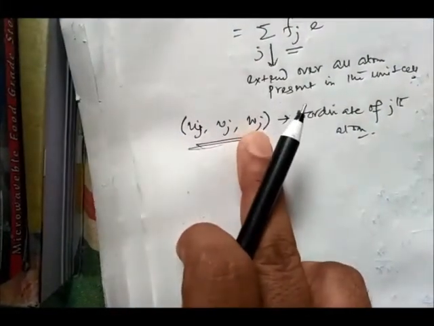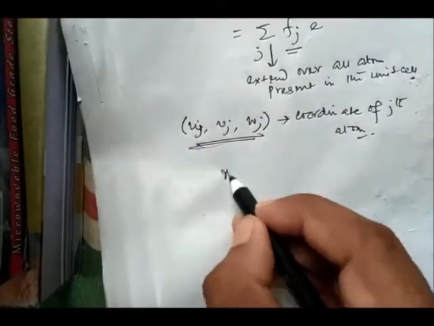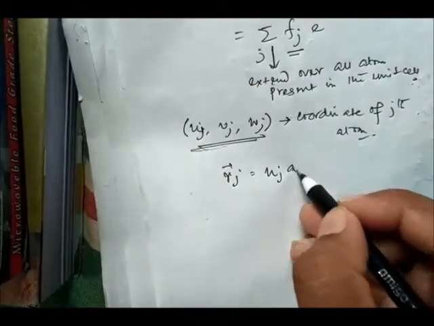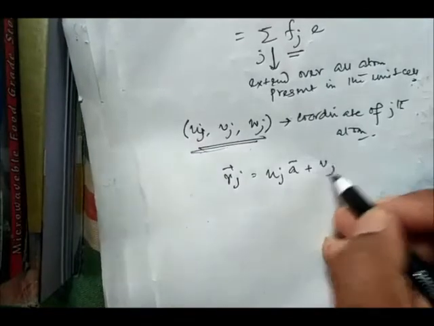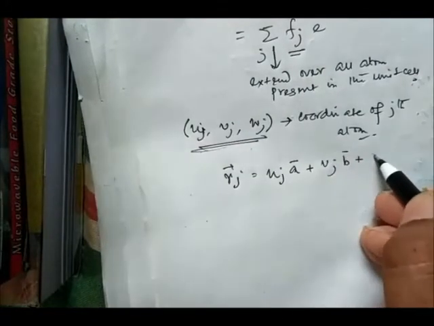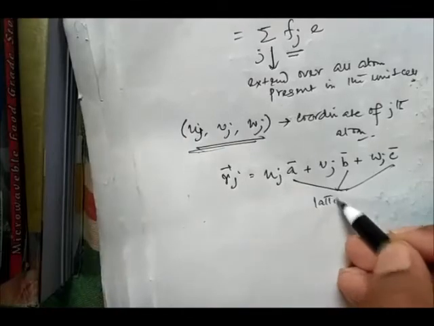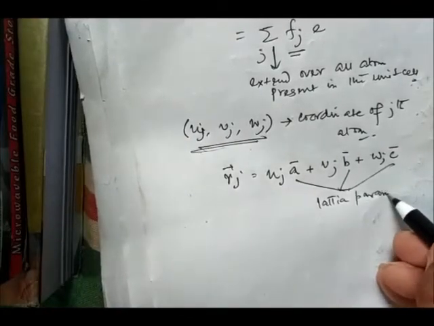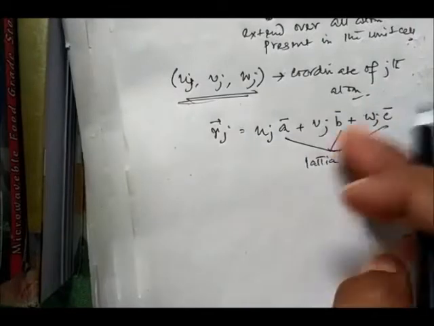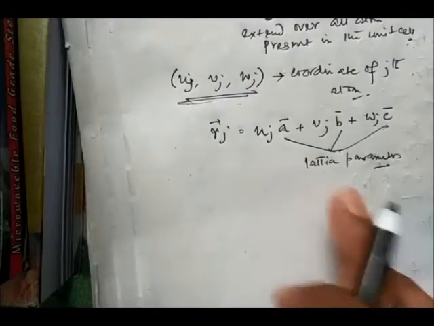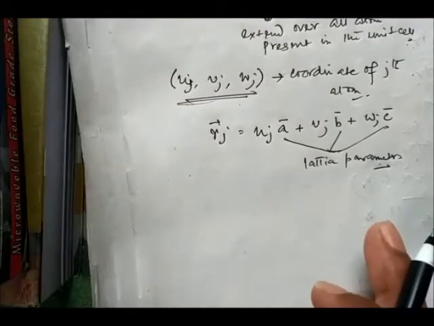Now if this is the coordinate of the jth atom, then the position vector of this jth atom can be written as rj equal to uj a plus vj b plus wj c. These a, b, c are basically lattice parameters, three non-coplanar vectors. So in terms of a, b, c, I can write this.